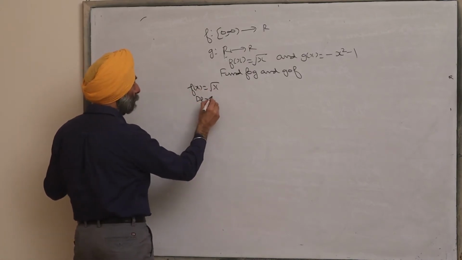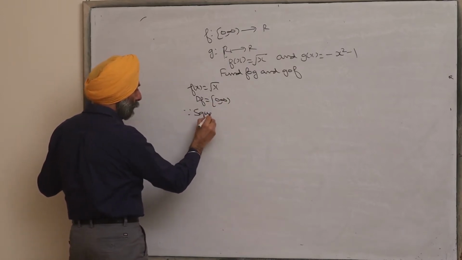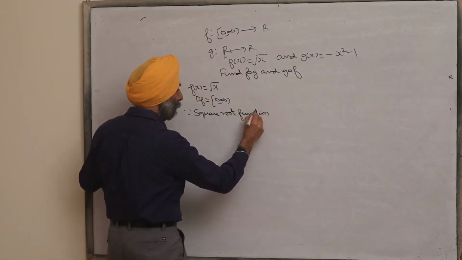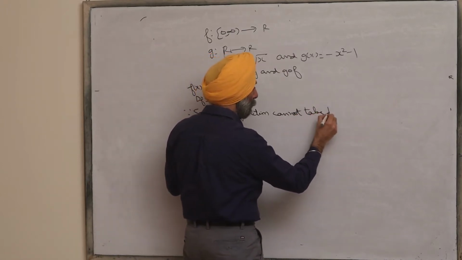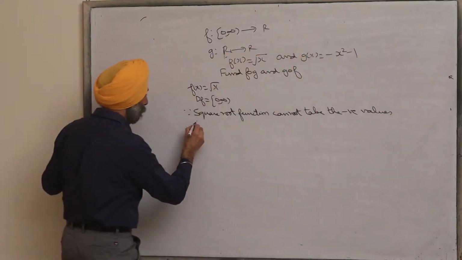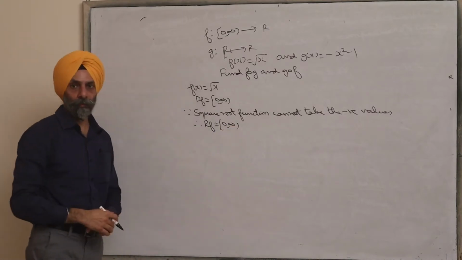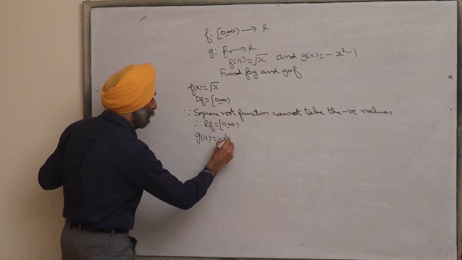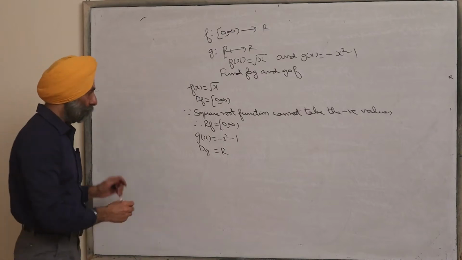Domain of f is 0 to infinity, because the square root function cannot take negative values, so therefore range of f is 0 to infinity. Now g(x) is equal to minus x square minus 1. Domain of g is equal to R.